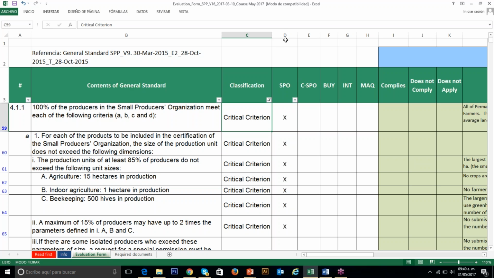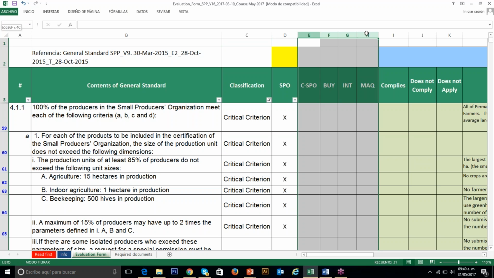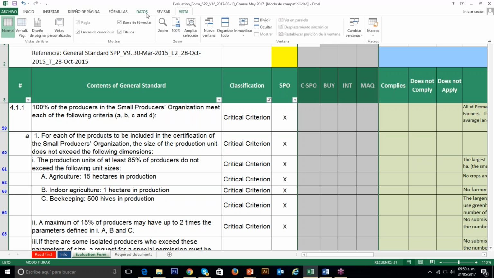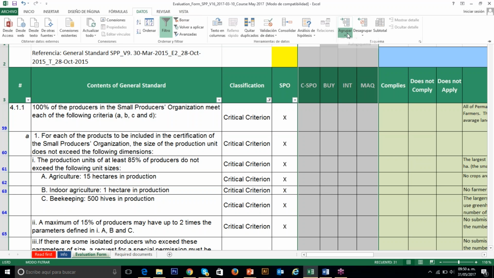In the case it is a small producer organization, they have to choose the criteria marked with an X in this column. As you see, in this case, in letter D are the criteria for small producer organizations. Then in this case I'm going to join these other columns.